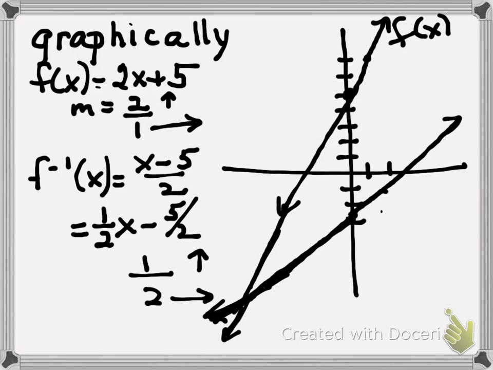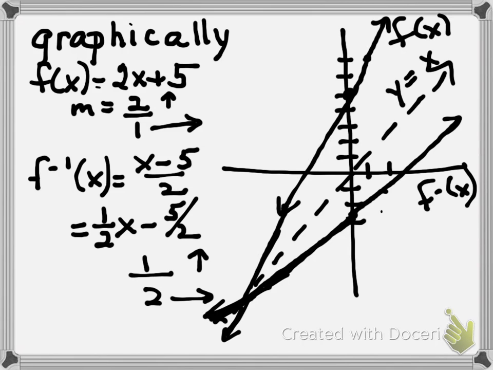Now, what I notice here is that the function and its inverse are symmetric. And they're symmetric over the line y equals x. Because the function and its inverse, as a composition, remember we got x.